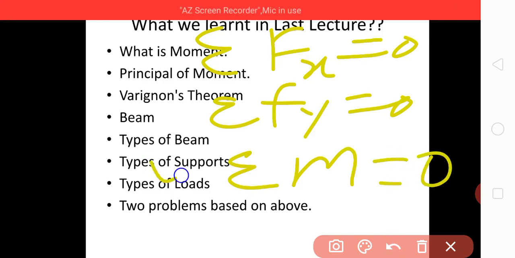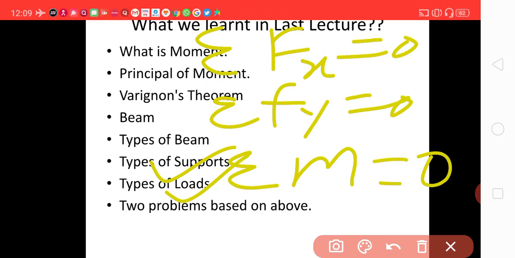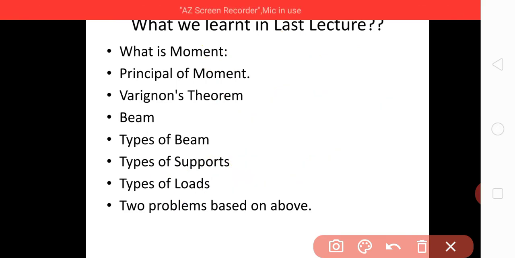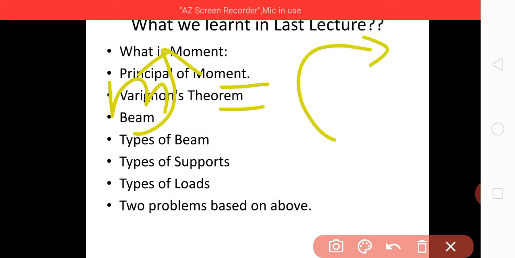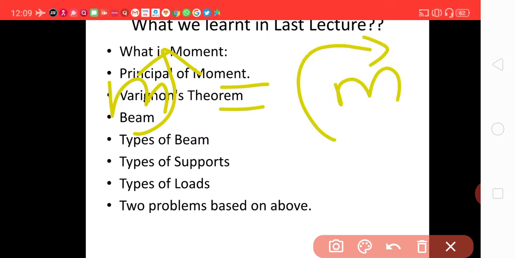Then what is meant by summation M equal to 0? Summation M equal to 0 means that the clockwise moment and anticlockwise moments are equal. And this is the principle of moment.